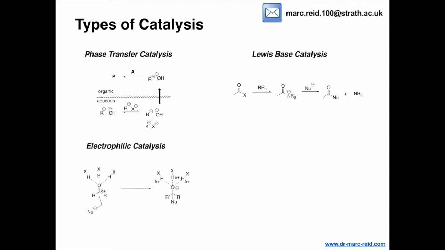Electrophilic catalysis creates conditions under which the key substrate is made more electrophilic than when the catalyst is not present. The substrate is thus poised for attack by an incoming nucleophile. The barrier to reaction is lower than the uncatalyzed process.